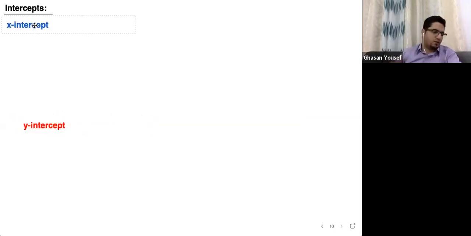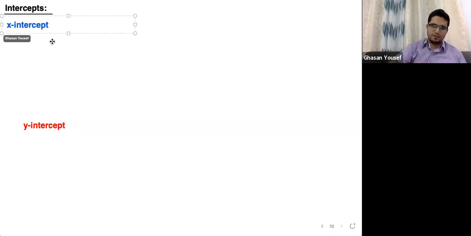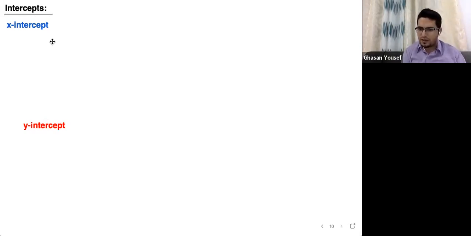So the x-intercept, I have to know what is the meaning of x-intercept. Any idea from before, in high school, or if you took other math courses? Where the line crosses the x-axis.